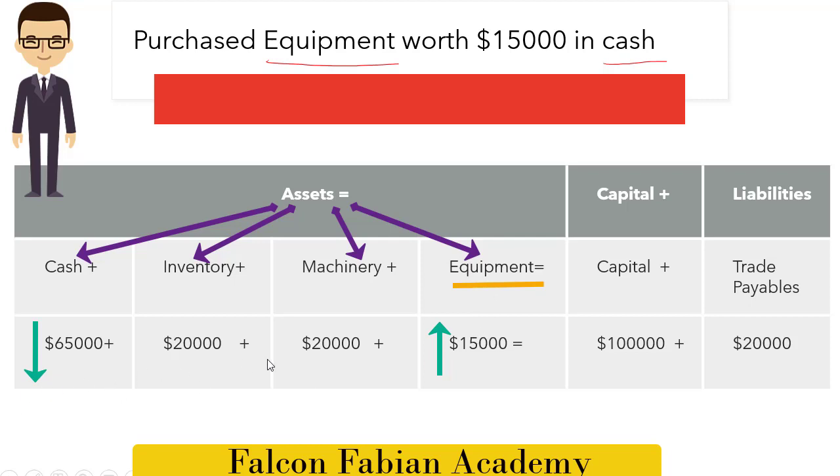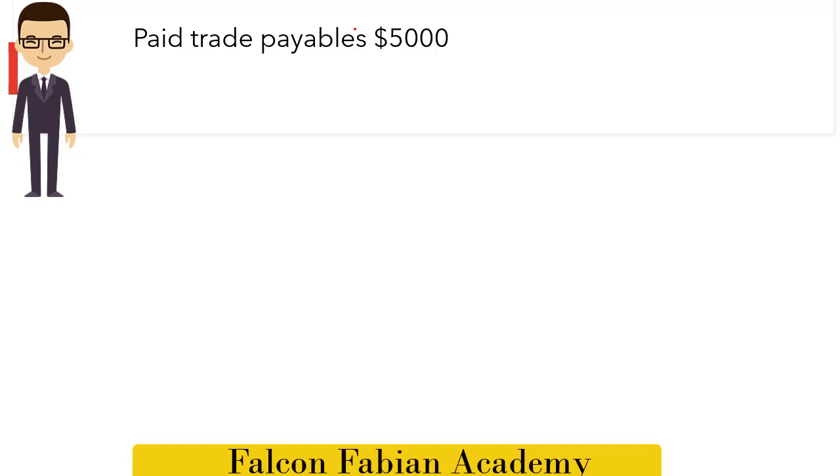Now the total of this is 120,000. Now this is equal to capital, which is 100,000, plus trade payable, which is 20,000. So your left hand side is still 120,000 and your right hand side is 120,000. So here you can see that the total might be same, but the composition of assets is changing with each transaction. Now let's move on to the last transaction.